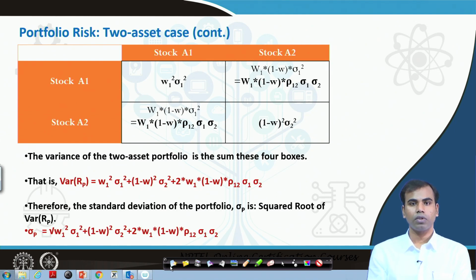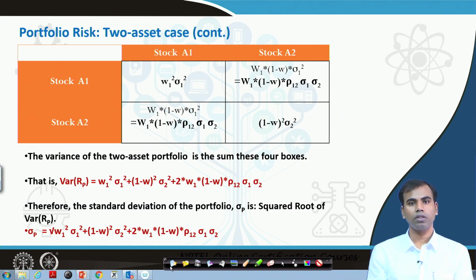If you have assets in your portfolio which are negatively correlated, it implies that if one asset goes down, the other asset would go up and its return will compensate for the loss on the first asset. That is how we can use this correlation factor to understand the riskiness of a portfolio of different assets.